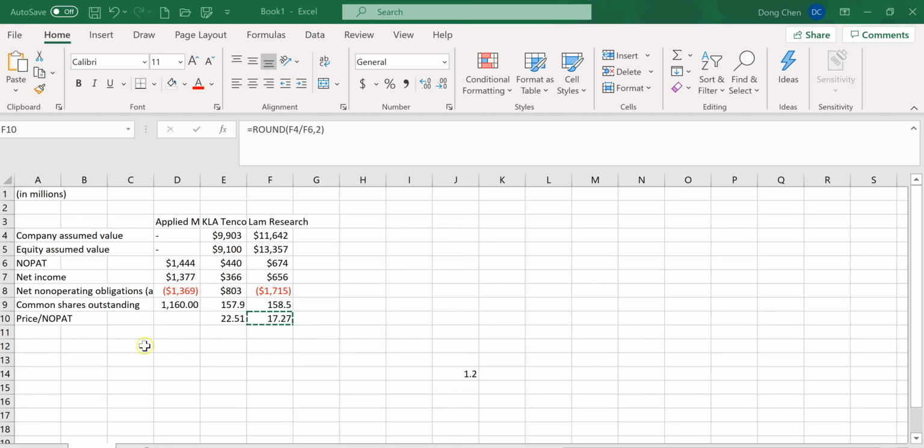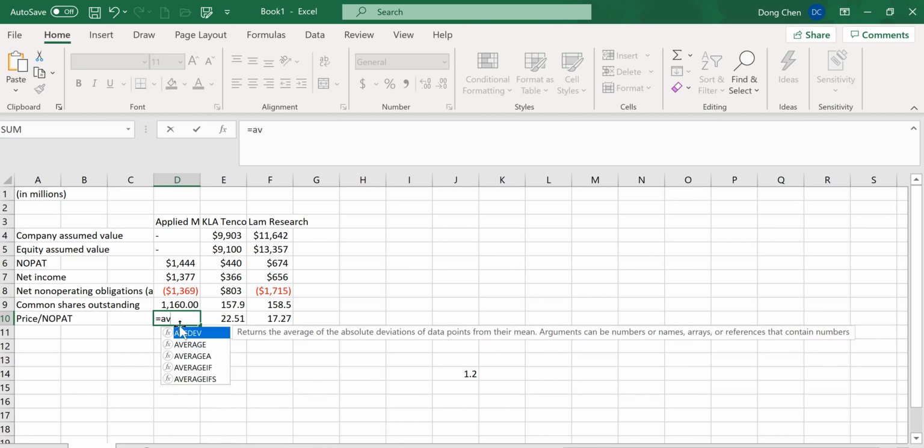To use the market multiples from our comparable firms, we can just take their average and bring that average to our target firm.